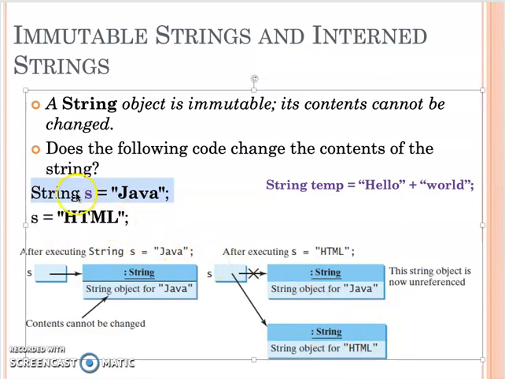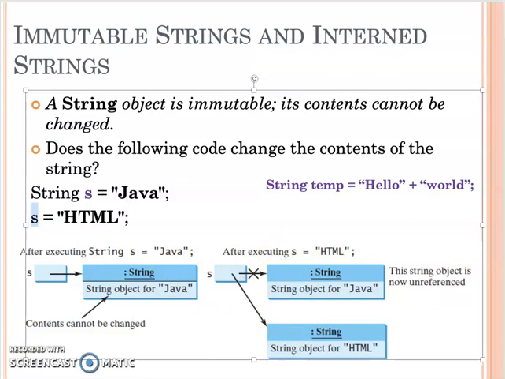That's why in these two statements we have 2 different string objects, but only 1 string variable. So that's what we call an immutable string. An immutable object means that after you create it, you cannot change its content. But we can always reassign the object reference variable to a different object.